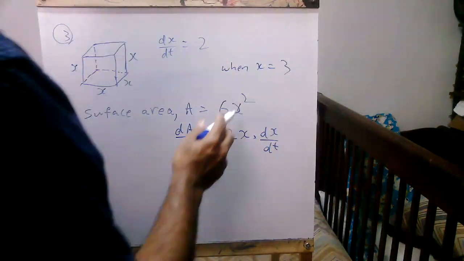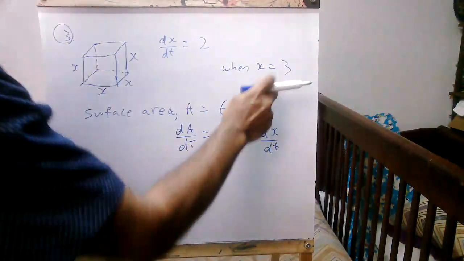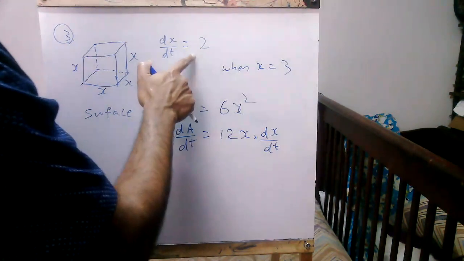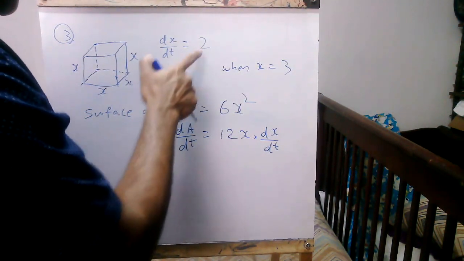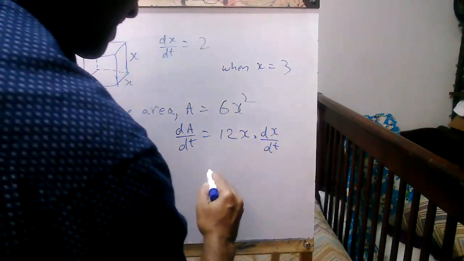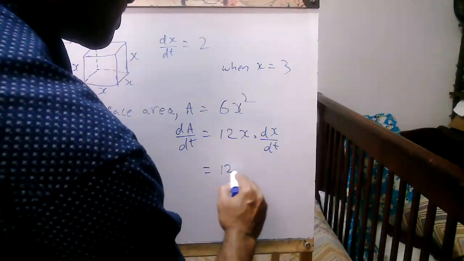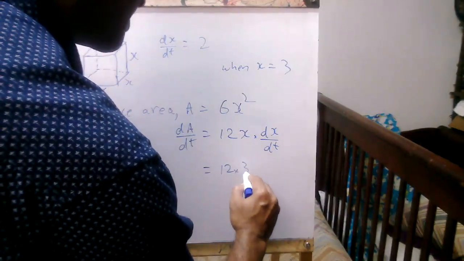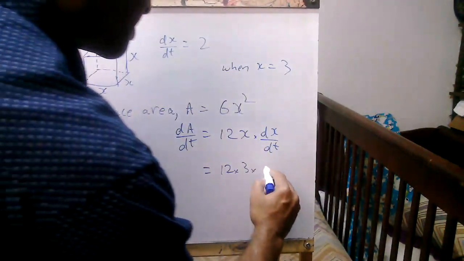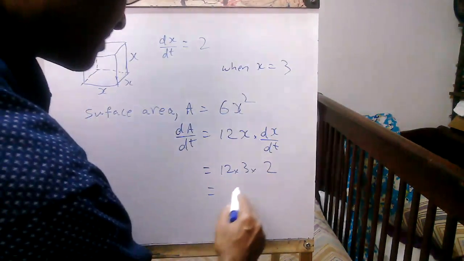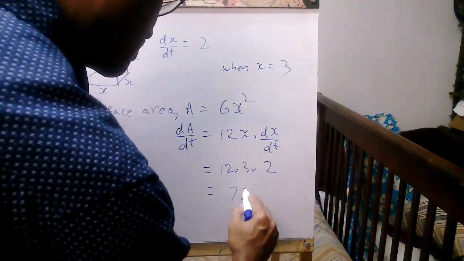Now it's given x equals 3, and dx/dt is always 2. Substitute these two here: 12 times 3 times dx/dt, which is 2. 36 times 2 is 72.